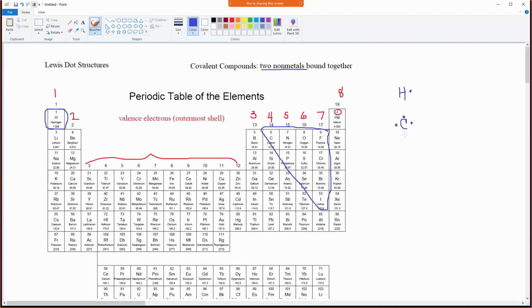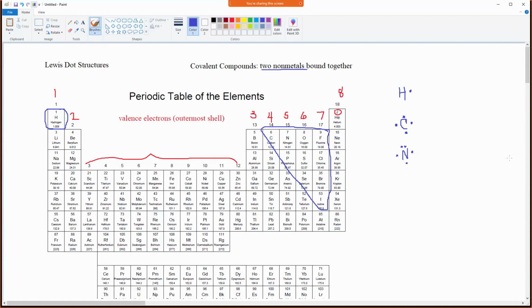And we're going to put dots on each side, top, bottom, left, and right, before we start pairing them up, because it turns out that electrons like their space. They don't want to pair up unless they have to. Now for nitrogen, they have to start pairing up. So 1, 2, 3, 4. And then it literally does not matter where I put the 5th electron. I could put 2 on the left, or I could put the 2 on the right, or I could put the 2 on the bottom, or I could put the 2 on the top.